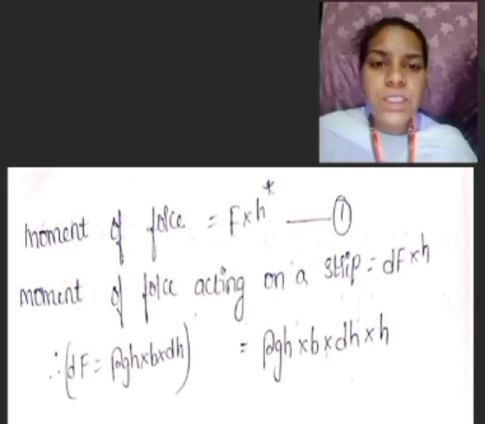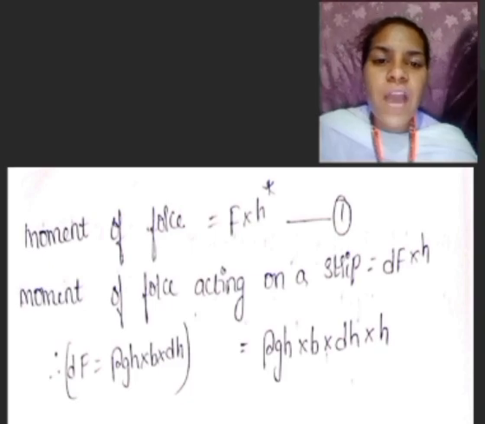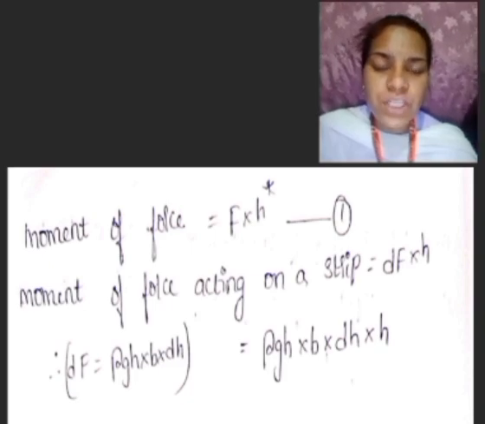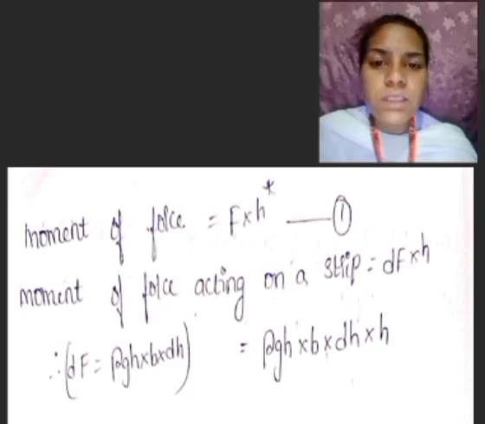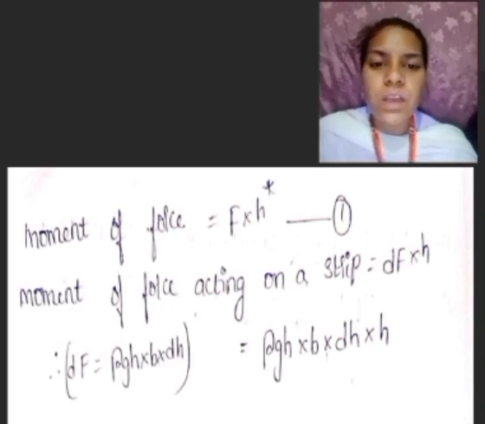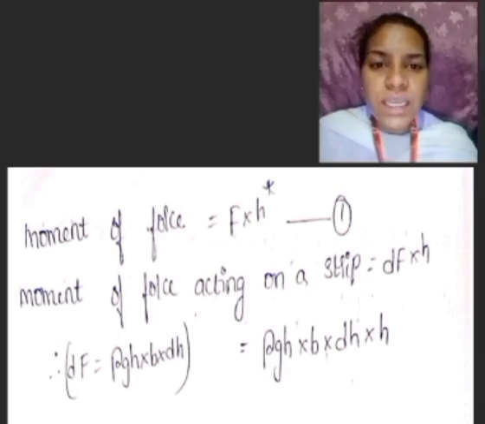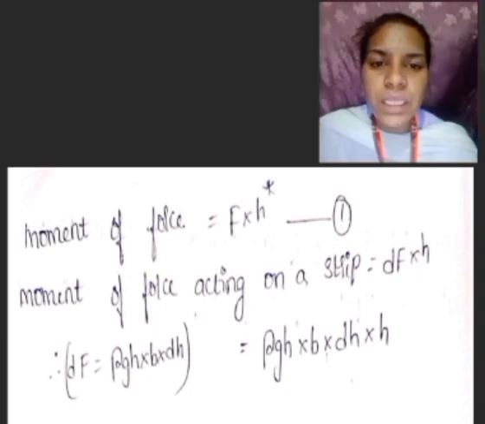Moment of force is equal to F into H star. We consider it as equation 1. Moment of force acting on a strip is equal to dF into H. We know dF is equal to rho ZH into B into dH.